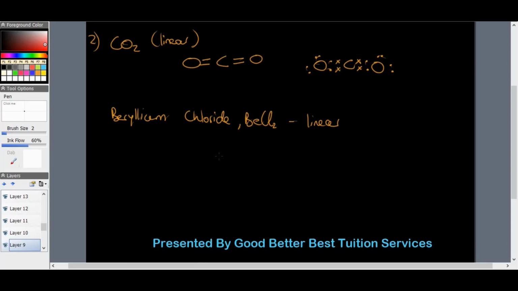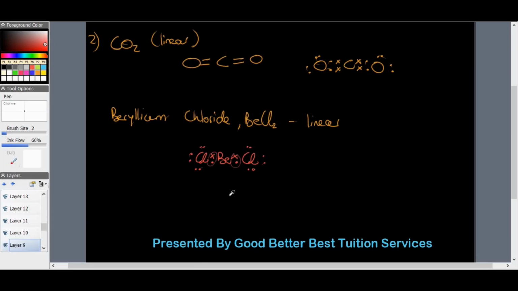We've got the beryllium atom in the middle, and I'm going to use X for it. Then we're going to use the dot for the chlorine, and we fill in the lone pairs. So 1, 2, 3, 4, 5, 6, and 2, 3, 4, 5, 6. And the seventh one there is sharing one. There's a shared pair there, and there's a shared electron there.